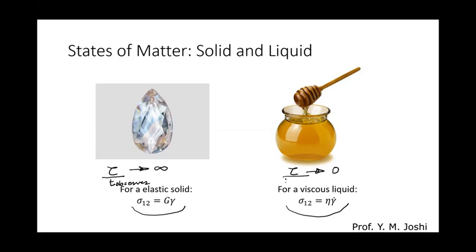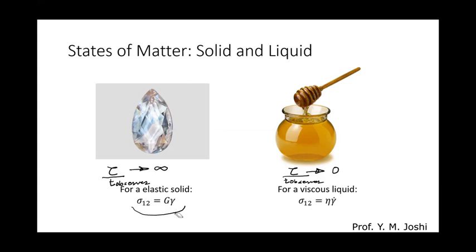The relaxation time being extremely small compared to the observation time scale means we have a viscous liquid. Relaxation time being very, very high compared to the observation time scale means we have an elastic solid.